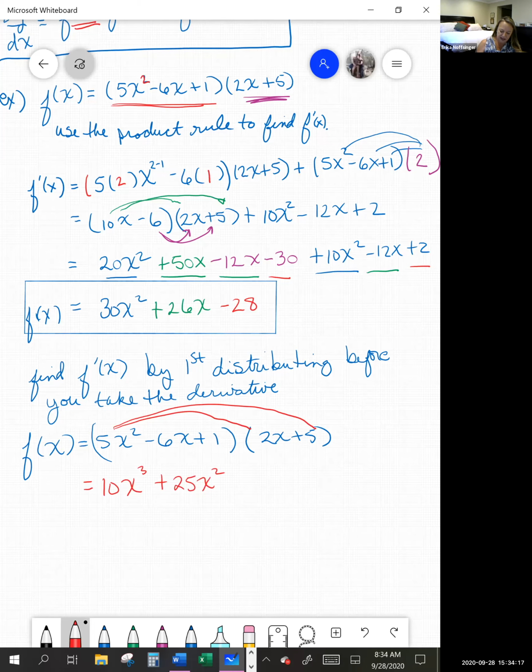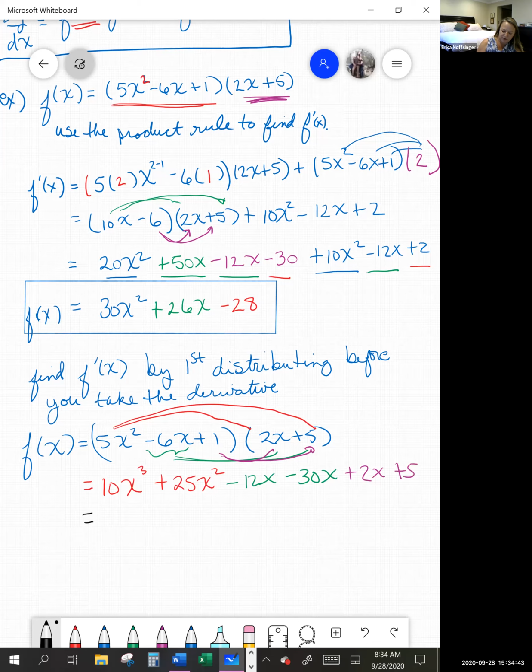Distribute the negative 6. So negative 6 times 2x, that is negative 12x. And negative 6x times 5 is negative 30x. And then distribute 1. So 1 times 2x is plus 2x. And 1 times 5 is plus 5.